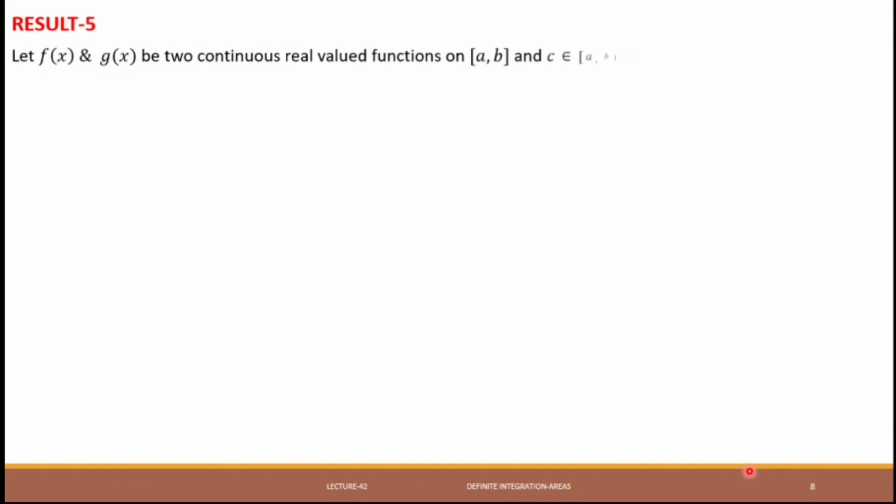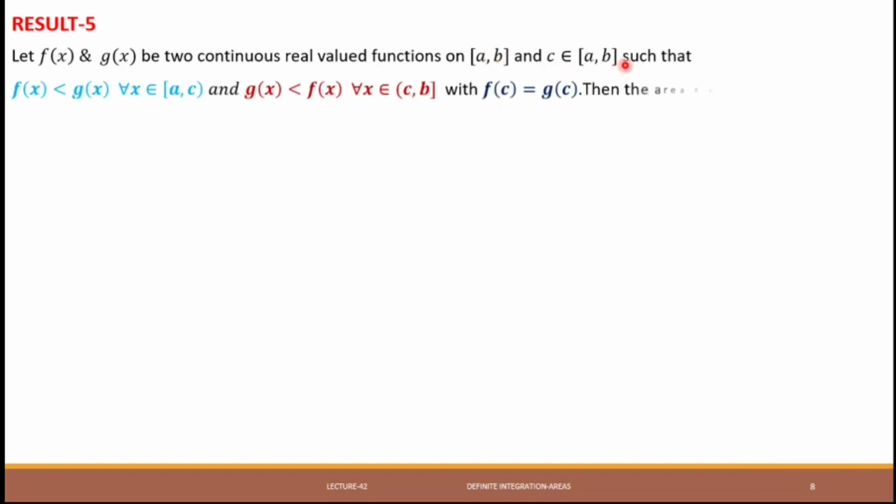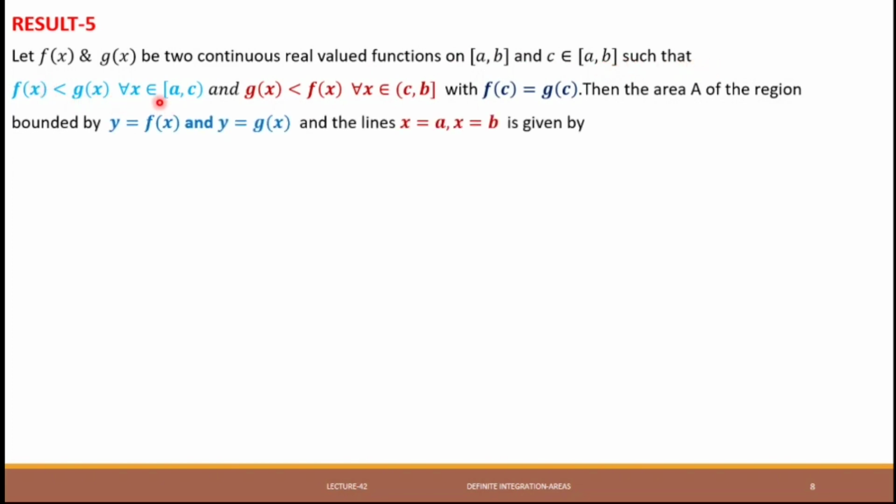Let f of x, g of x be two real valued continuous functions on closed interval ab, and c be a point in the interval ab such that f of x is less than g of x on the interval closed a to open c, and g of x is less than f of x on the interval open c to closed b, and with f of c equal to g of c, then the area of the region bounded by the curves y is equal to f of x and y is equal to g of x under the lines x is equal to a and x is equal to b is given by.